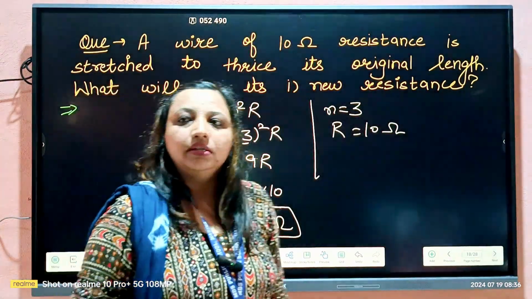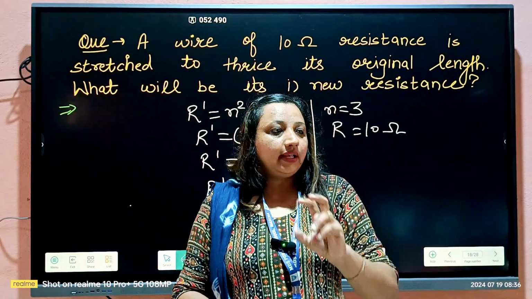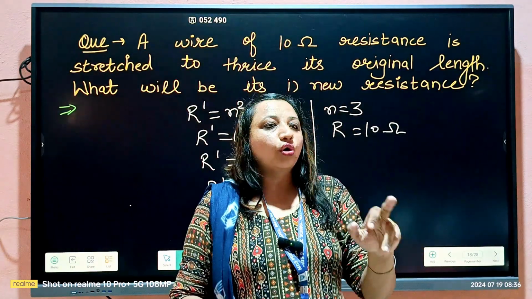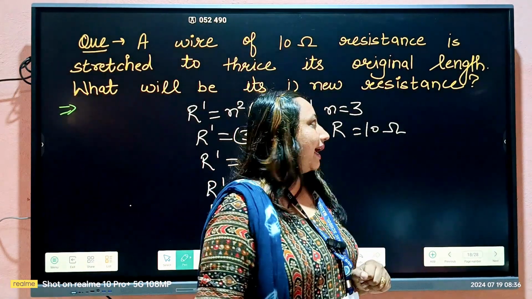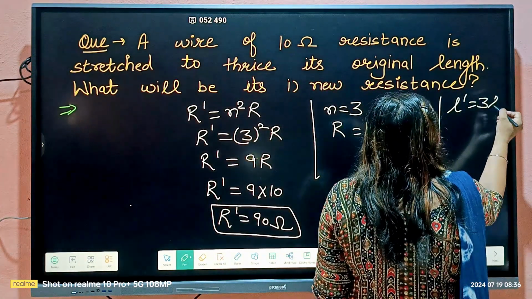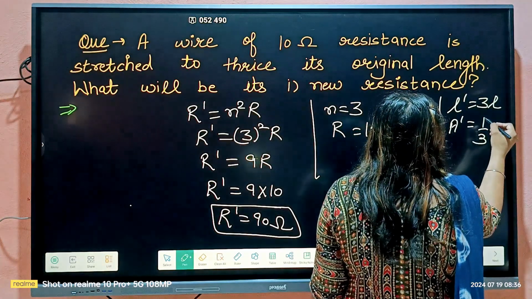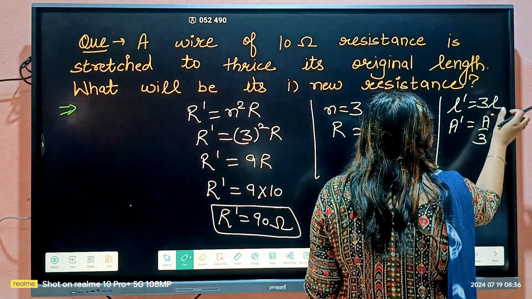Or with the longer method, you have to write R = ρL/A. You have to write R' = ρL'/A'. L' will be thrice of the original and A' will be 1/3 of the original.